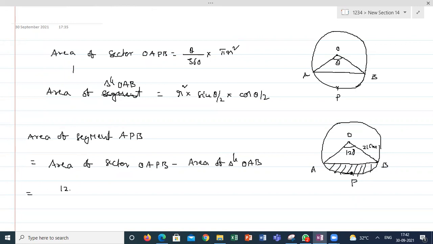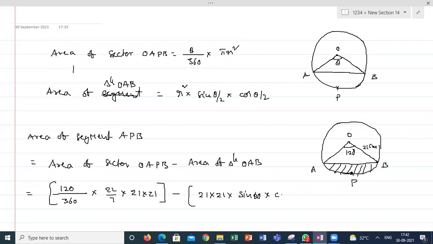So this is theta, 120 by 360 into 22 by 7 into 21 into 21. This is the area of the sector. Minus, I already told you, r square into sin theta by 2 into cos theta by 2. So 21 into 21 into sin 60 into cos 60.